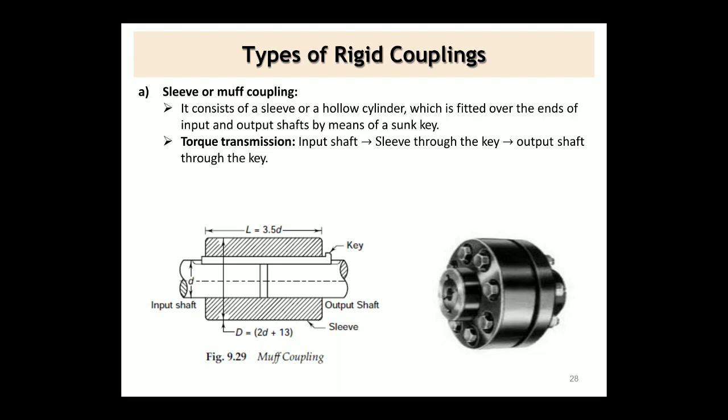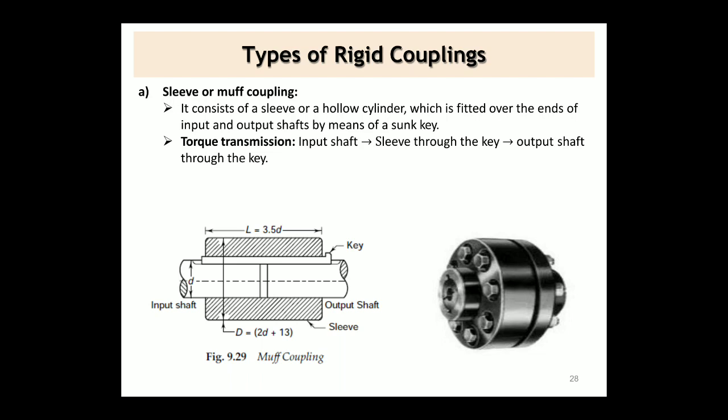The torque transmission in the muff coupling is from the input shaft to the sleeve through the key, and then to the output shaft through the key.